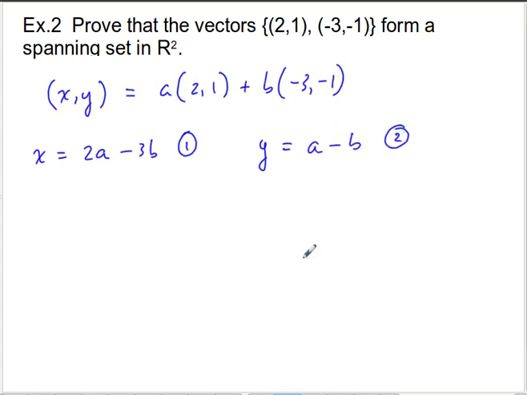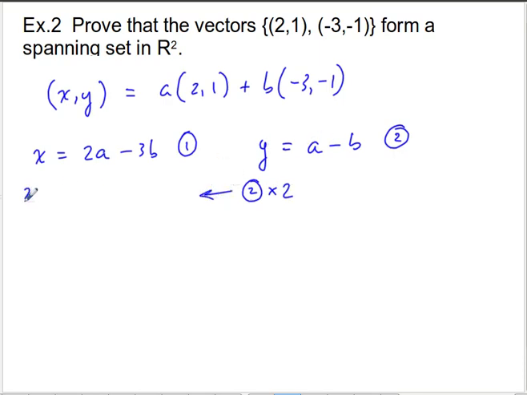That's equation number 2. Now I have too many unknowns here, and that's one of the reasons why I'm going through this exercise with you, because you need to see how to interpret this. So I'm going to take equation number 2 and multiply it by 2, and I'll put it here.